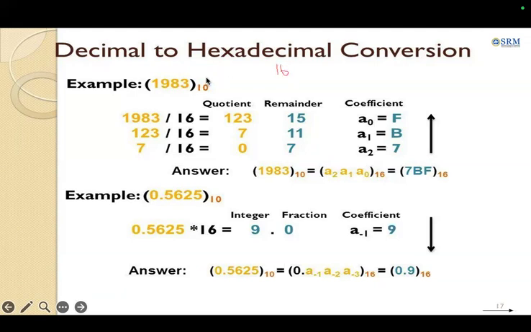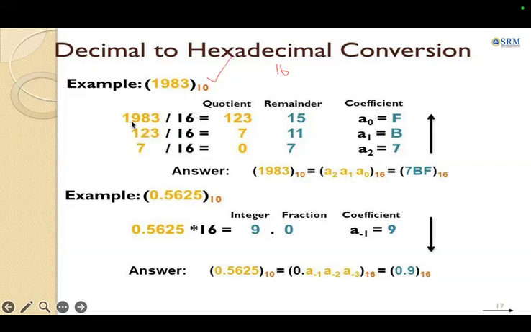So the entire decimal should be divided by 16 until you get a quotient less than 16. Each time, the remainders of the division should be saved in order. Finally, we write all the coefficients, that is all the remainders, in reverse order. That is how we convert a decimal into a hexadecimal value.